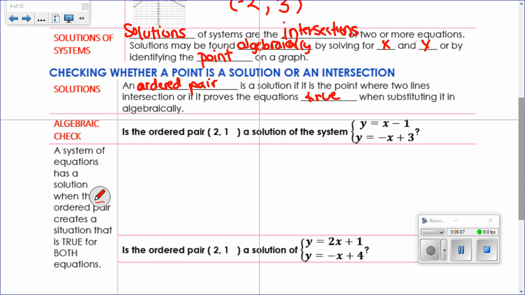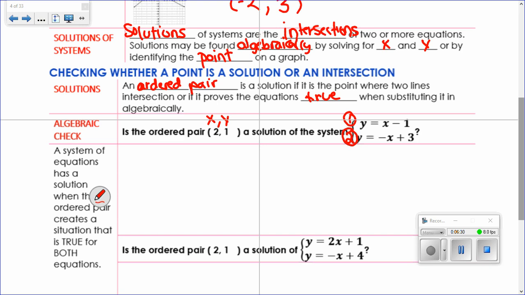So what we're going to do is check to see if this ordered pair is a solution to the system. Is this x and y value a solution of this system? This is equation 1 and equation 2. Does the point make each equation true?